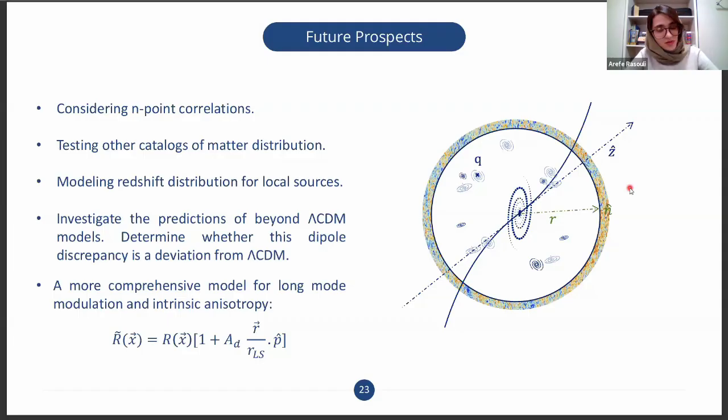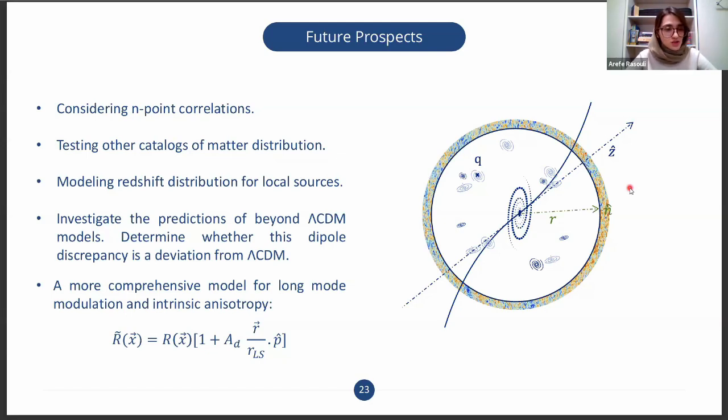In the future, we want to consider n-point correlations and not just two-point correlations and the power spectrum in order to capture more information. And we can test this method on other catalogs of matter distributions, such as quasars. We want to fit different curves to our redshift distribution, and we can investigate other beyond-ΛCDM physics.